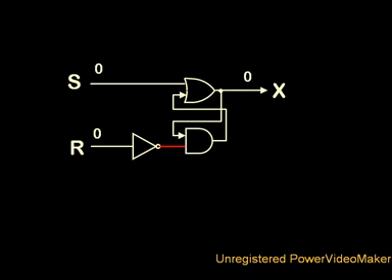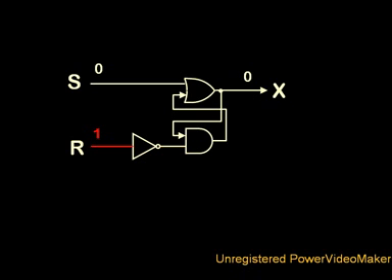Let's fire up the circuit with zeros on the inputs. You'll see that every part of the circuit is a zero except for that little wire between the NOT gate and the AND gate, which has currently got a 1 on it. Let's change R to a 1. Well, that wire changed, but that's it.